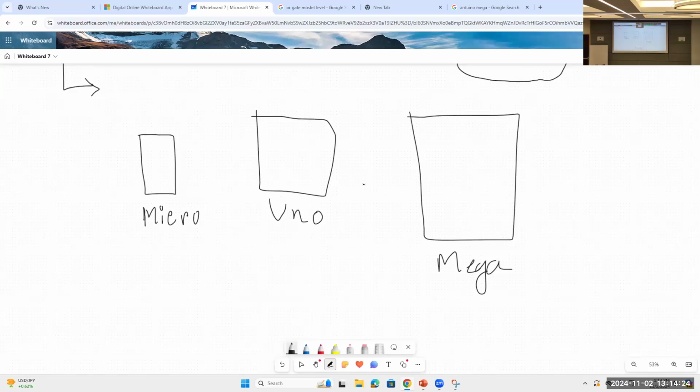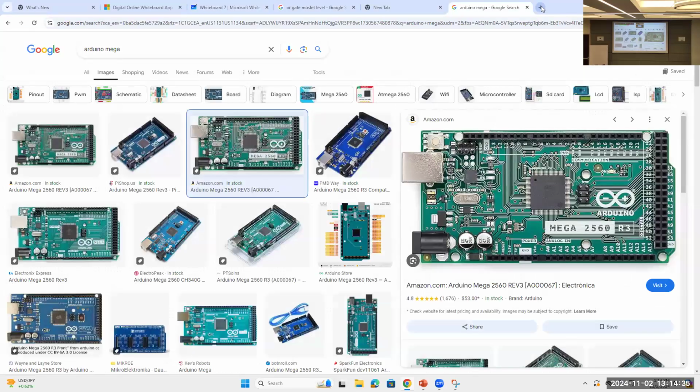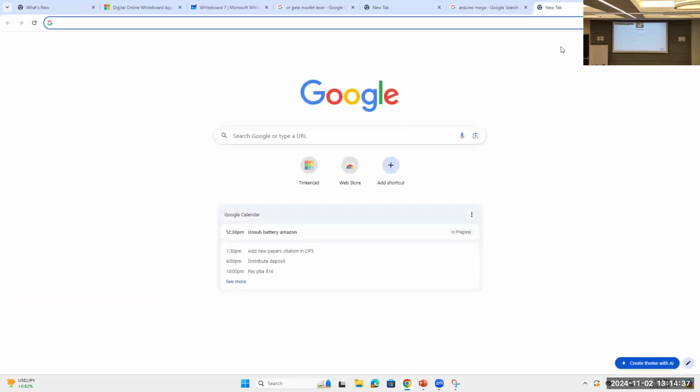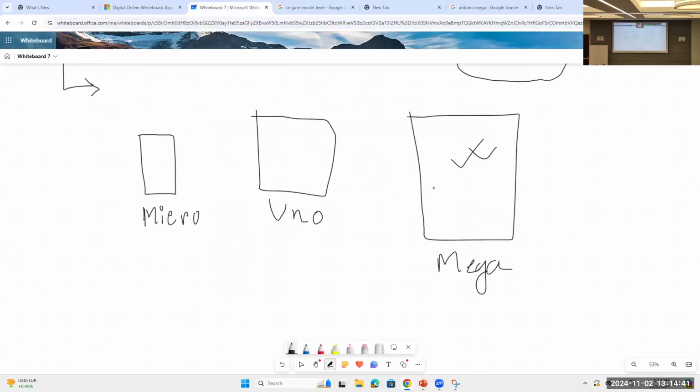Why will we choose Mega? I do not know exactly the number of bits, so let me just tell it in a general way. We need many input pins.